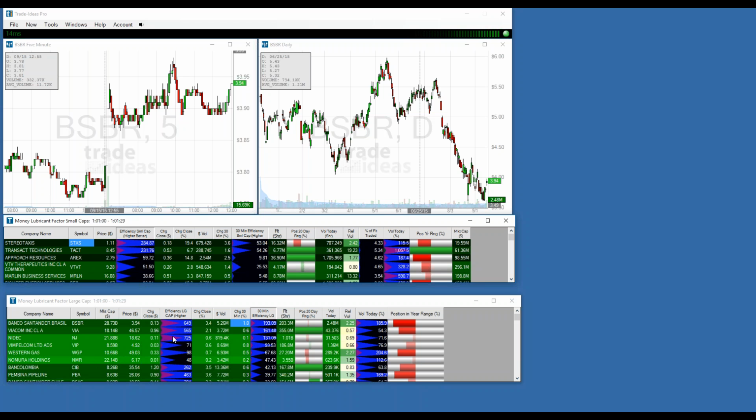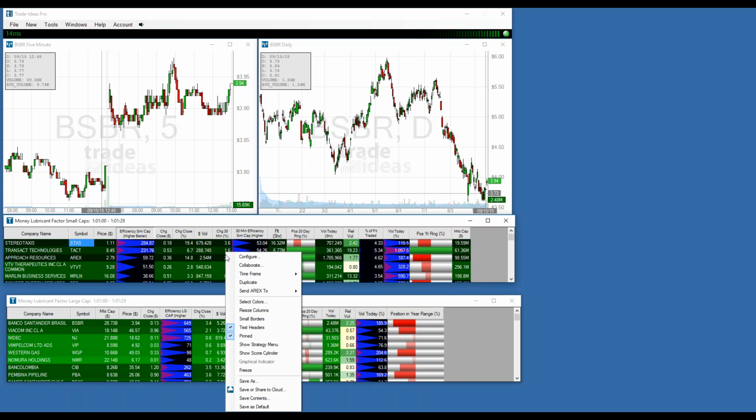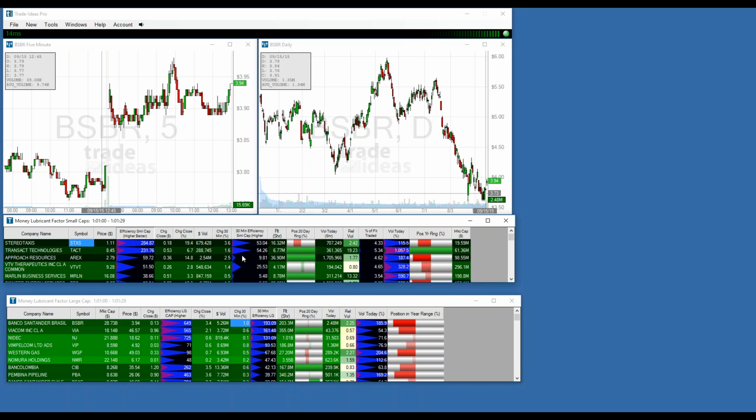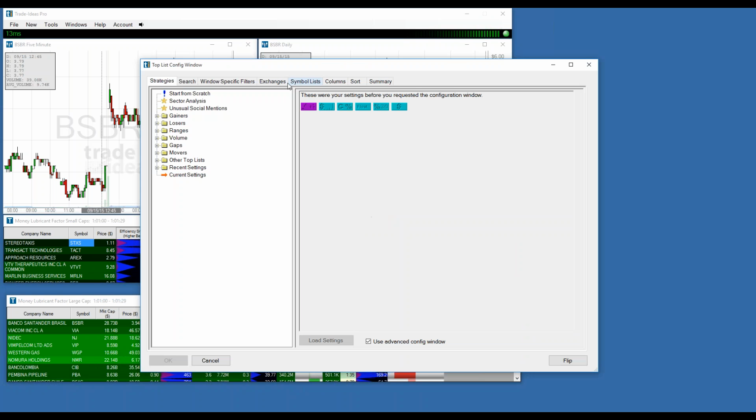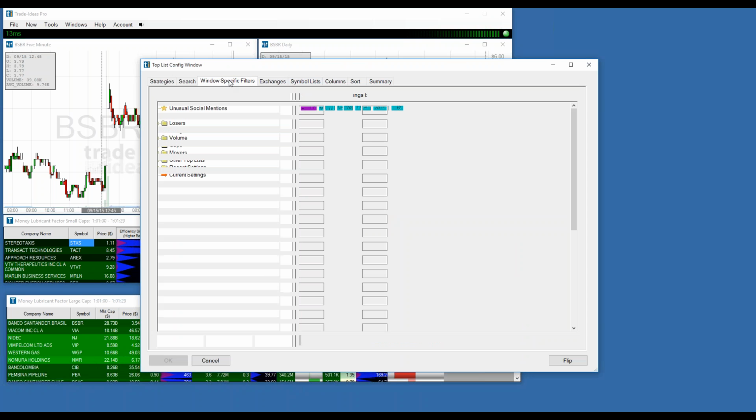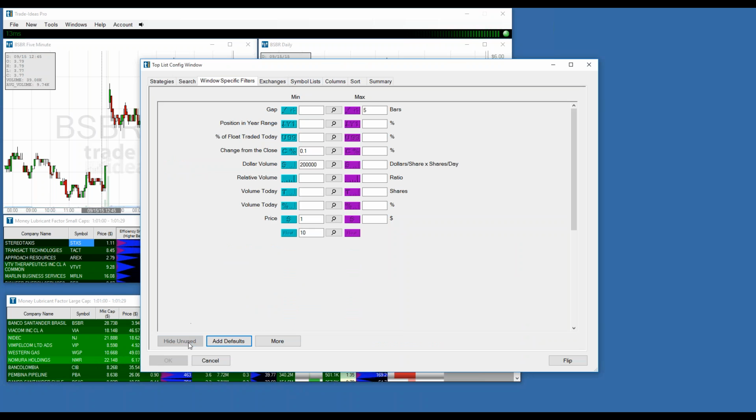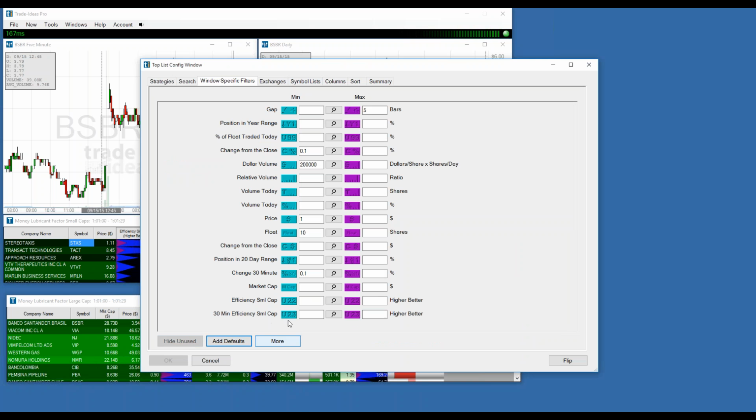So in this case, let's figure out how to trade these small cap money lubricant moves. What you first do is you go to the configuration window and take a look at what you've got here. I hide the unused, so that I see what I'm working with. Here I basically have stocks that are not gapping up too much, that are up a little bit from the close, have a dollar volume of 200,000.